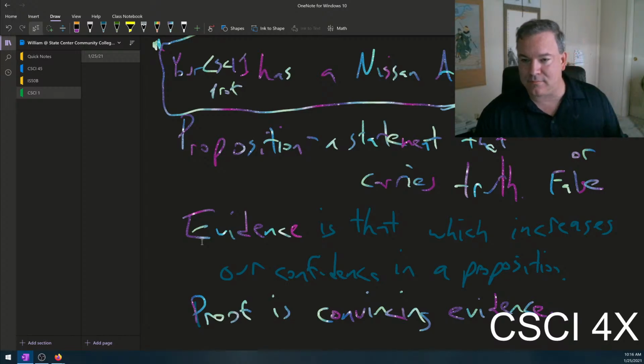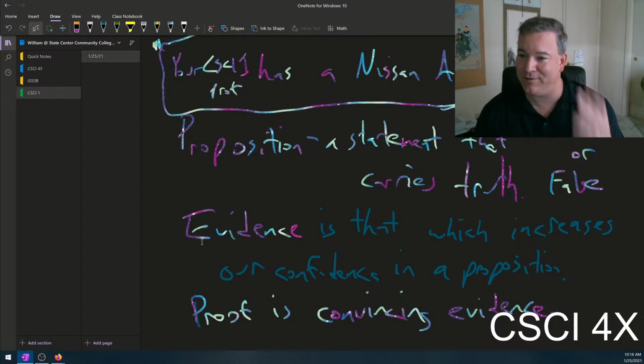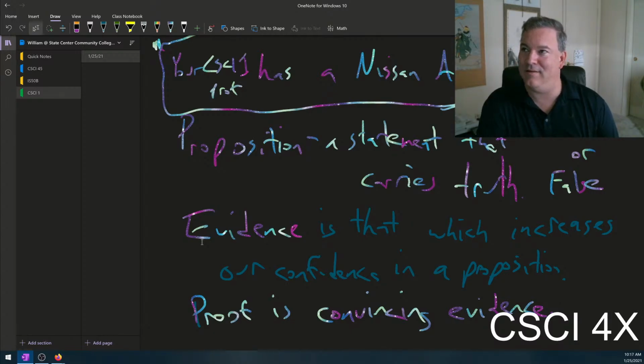So how many people here, just out of curiosity, are convinced? Have I given you guys proof that I own a Nissan Altima? Have I given you enough convincing evidence? I will swear, in fact, I'll give you more than a statement. I will state with certainty, I own a Nissan Altima.